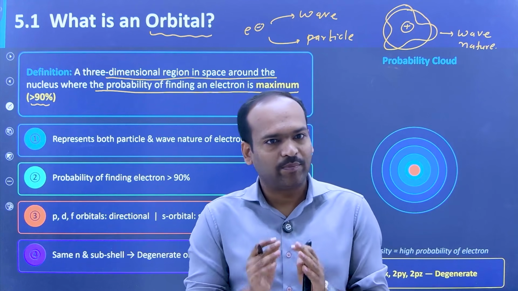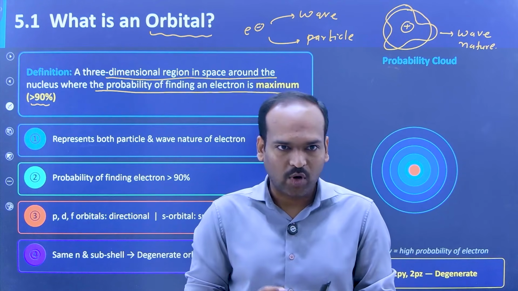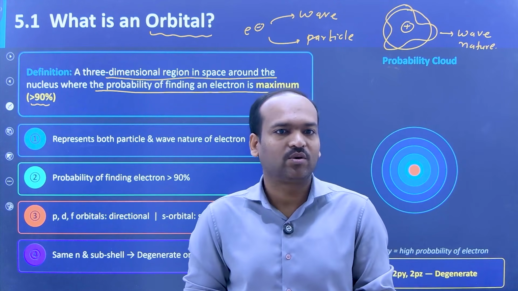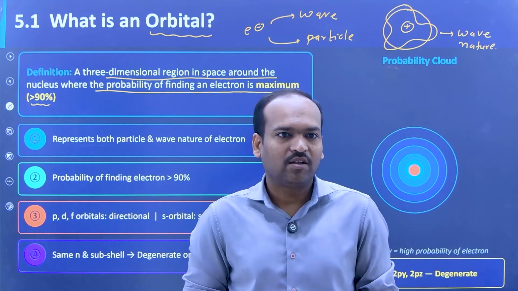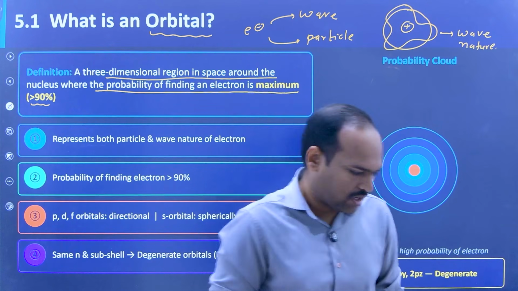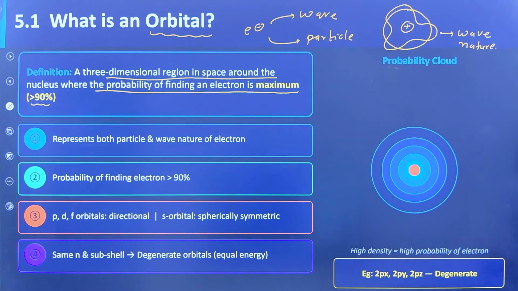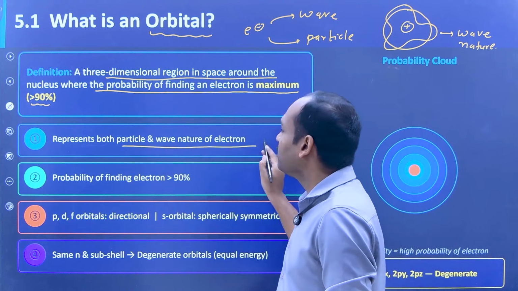But just remember, as light is considered as a dual nature, small particles like microscopic particles, electrons also are said to have dual nature. For the dual nature, I have to explain de Broglie hypothesis, Heisenberg uncertainty principle, then Schrodinger wave equation. So right now, most of the things we will take as information. Okay, chalo. So it represents both particle and wave nature of electron.